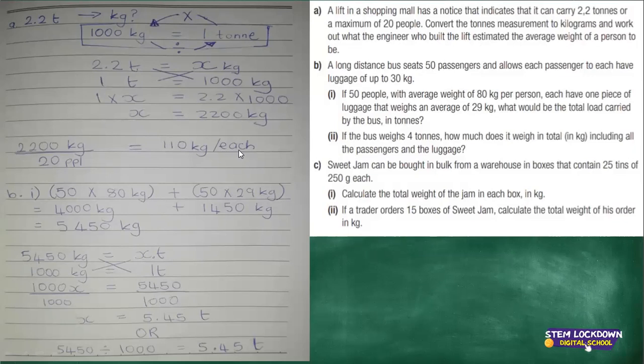So the estimation is that in this lift, there can only be a maximum of 20 people who weigh about 110 kilograms each. There shouldn't be any more than that. So if people in the lift are all 110 kilograms, then they can be on the lift and there should be 20 of them.